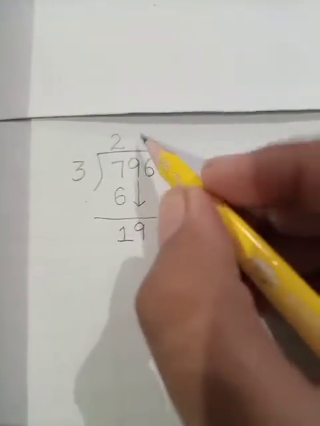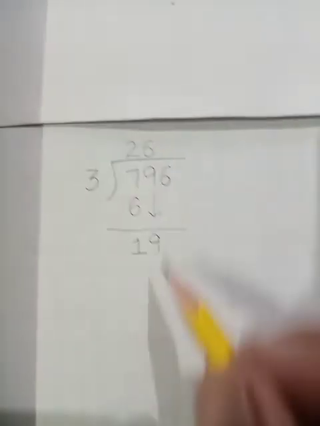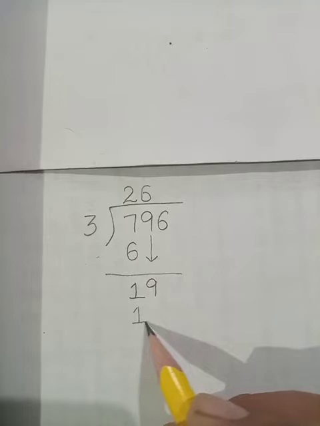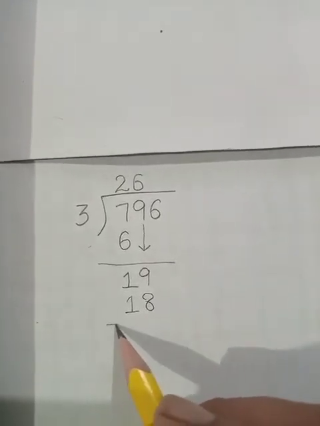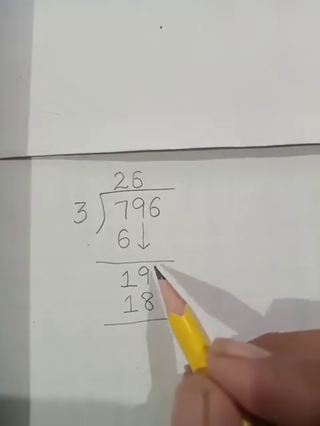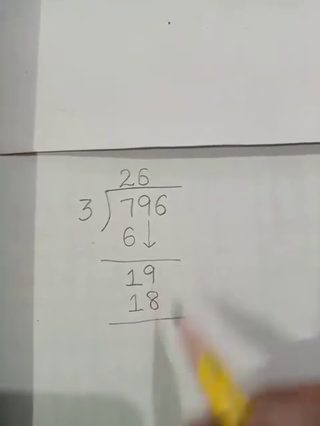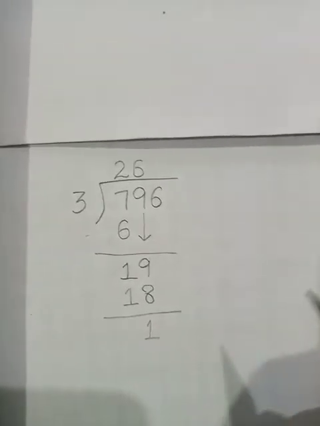So students, here I am writing my number in the quotient here. 3 sixes are 18. Here is my number 18. Now students, after this, next step is subtraction. Subtraction of 8 from the 9 and my answer or the remainder is 1 again.